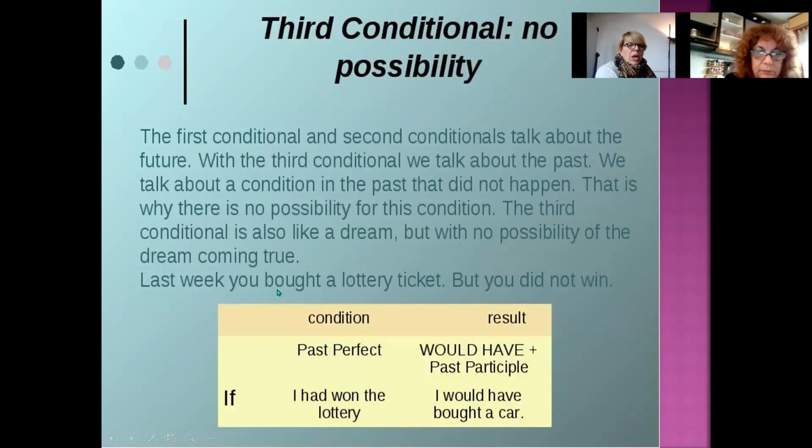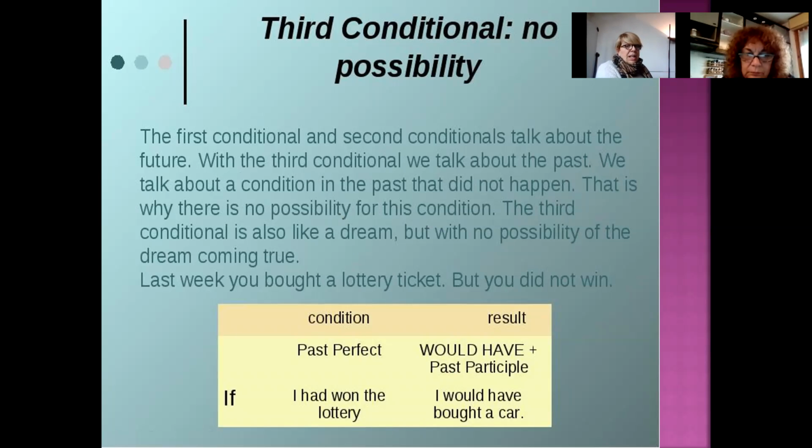And then when we have no possibility, we always have if plus the past perfect, and the result is always would have plus past participle. So you see so many words, but actually the past perfect is already formed by at least two verbs, okay?